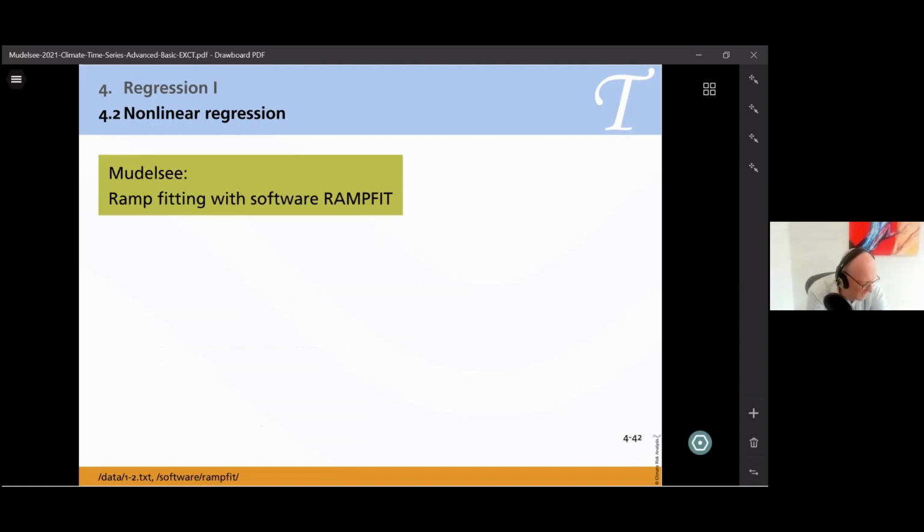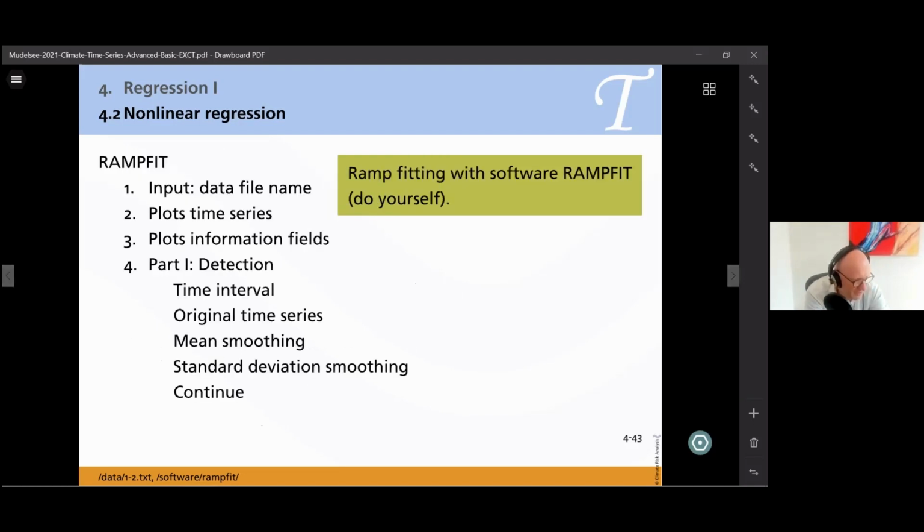Then you watched me work with RampFit. As you can expect, you put in the data file name, you see a plot of the series, and then some information about the data, the spacing, maximum, minimum, and so on. And then we were in part 1, what I call detection, where we zoom on a time interval. And you can also go back to the original time interval.